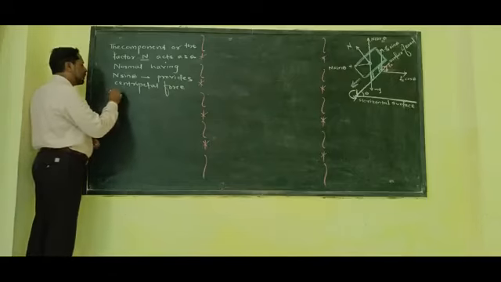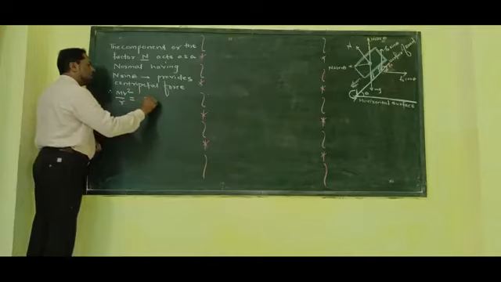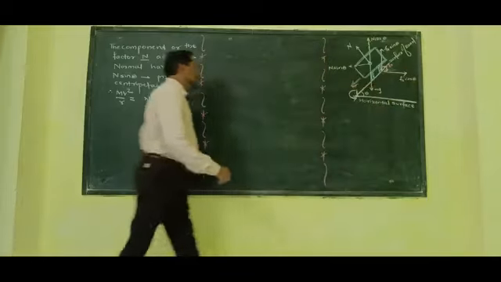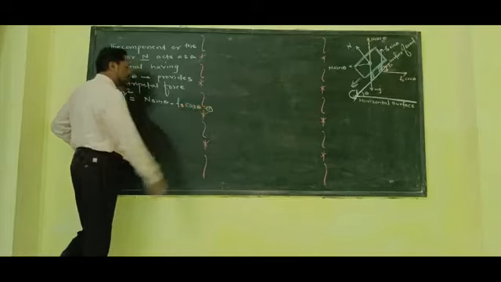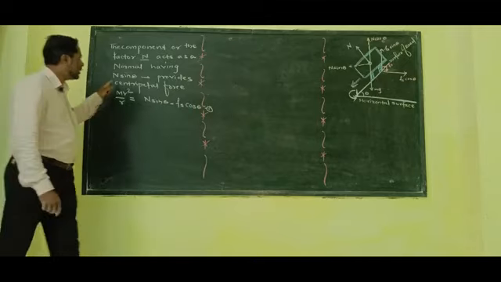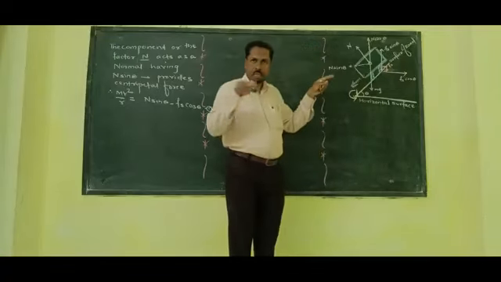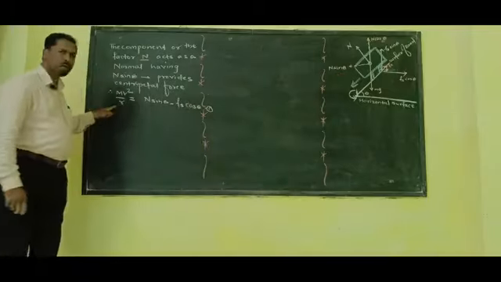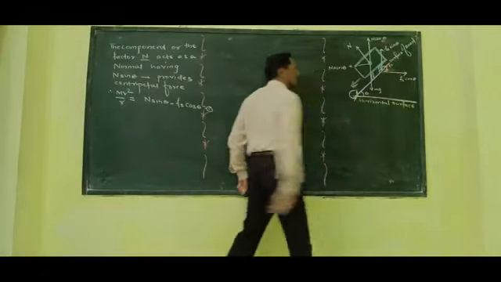Therefore, we can write that centripetal force mv square by r is equal to n sin theta minus static friction, that is Fs cos theta, as seen in the diagram. Equation number 1: the component n is resolved into two components. N sin theta acts as the horizontal component, useful for centripetal force. So mv square by r is equal to n sin theta minus Fs cos theta.